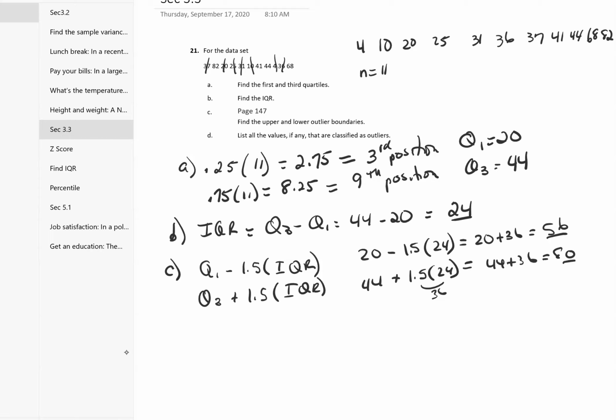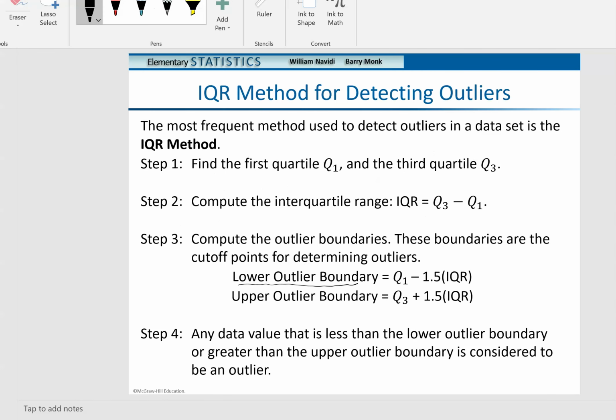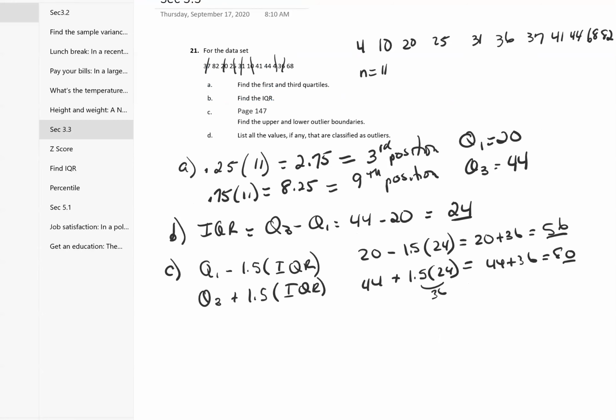And it says, list all the values, if any, that are classified as outliers. So the outliers, according to this, is any data value that is less than the lower boundary or greater than the upper boundary is considered an outlier. So let's see, 56. Oh, this was minus, not plus.